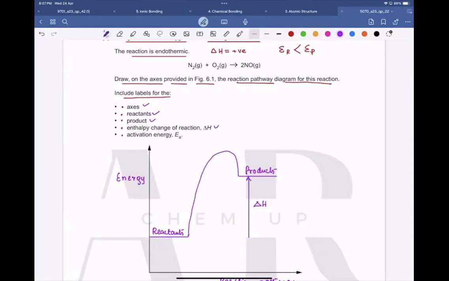The activation energy always starts from the reactants, and we are going to put it at the highest point. So the arc would be like this, and we are going to label it as activation energy.